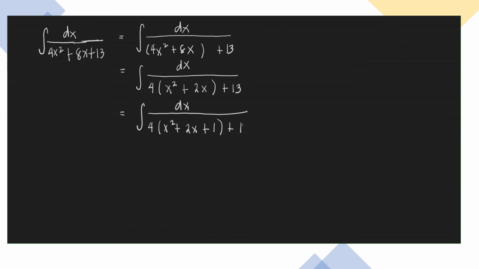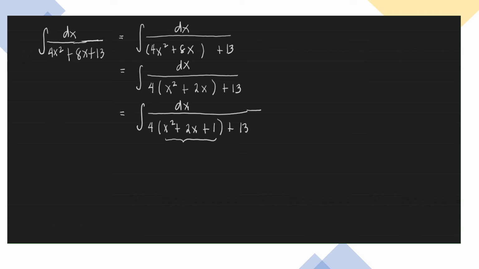Now whatever we added to our expression must be subtracted from the constant. So we added 1 inside the parentheses. However, since 4 is distributed to 1, technically we added 4 to our entire expression.